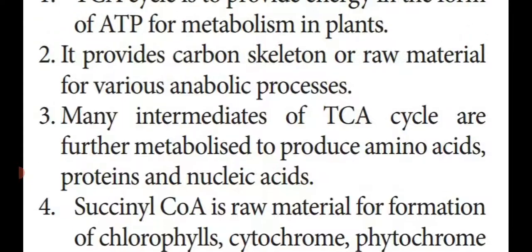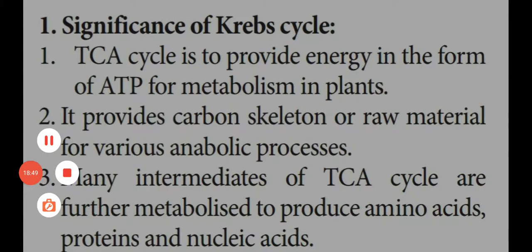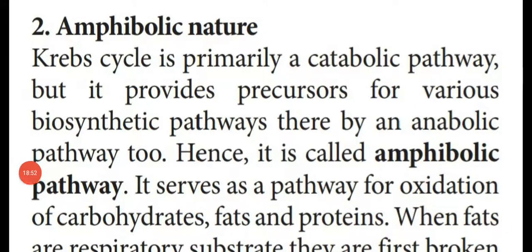So these are all the different advantages or significance of the Krebs cycle, an important 5 mark and 3 mark question. Dear students, another important topic is known as amphibolic nature. The Krebs cycle is otherwise known as the Amphibolic Pathway because 2 processes take place in the Krebs cycle.